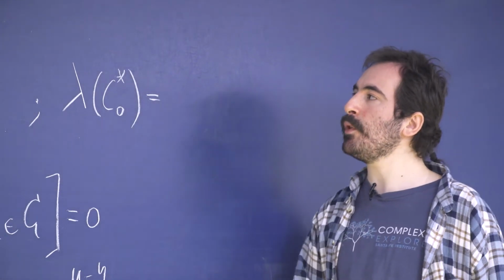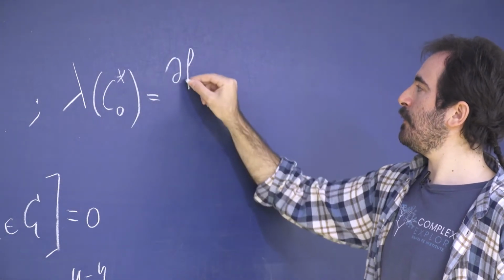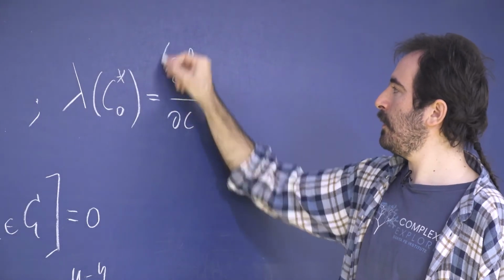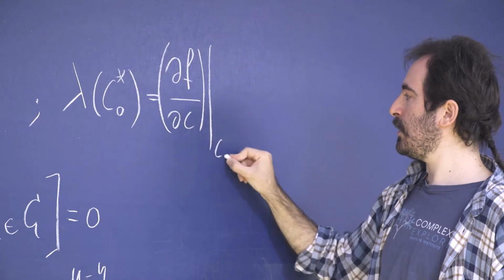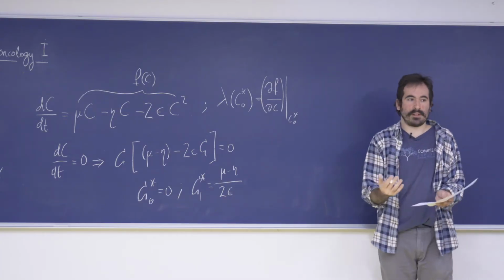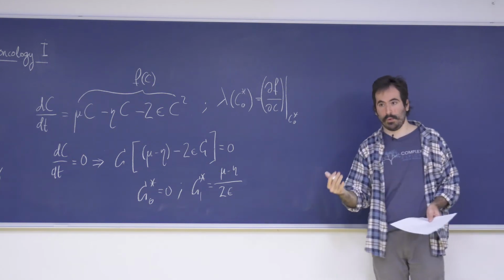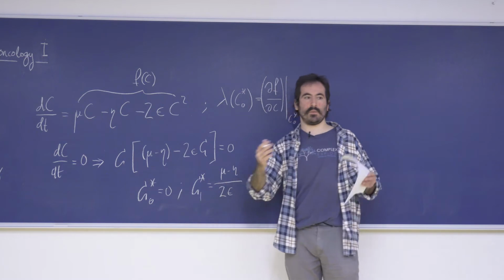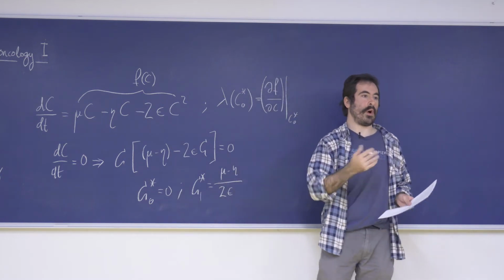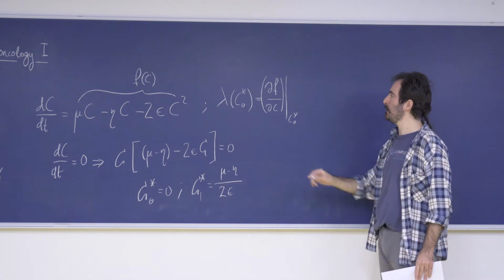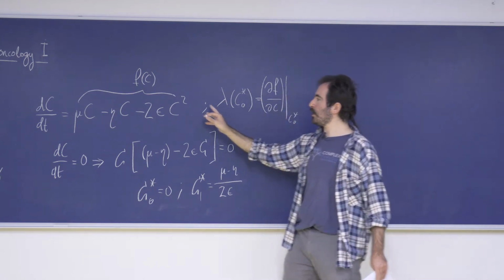And how do we compute this? Well, simply we take the derivative of this function f of C over C, and we substitute at this specific fixed point, which is what often is called the trivial fixed point. It's not always there, but in this case it is, which is when it corresponds to C equals 0, or whatever variable you have equals 0. Is it very hard to work out this derivative?